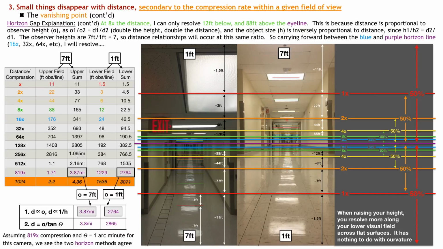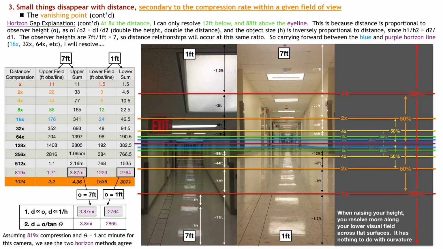So if I take d equals observer height divided by tan theta and find out what the number is, my vanishing line should be roughly 2,865 feet away. And if I just take a picture of myself 1 foot off the floor, or where O is equal to 1 foot, I can extrapolate just from the image that it's roughly the same at 2,764 feet away.